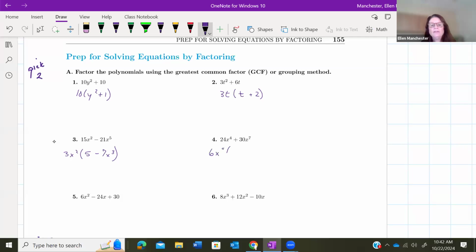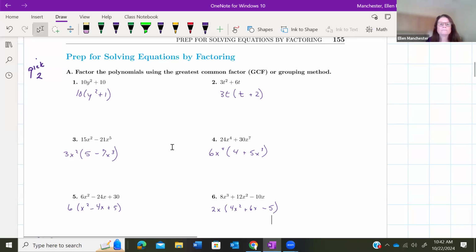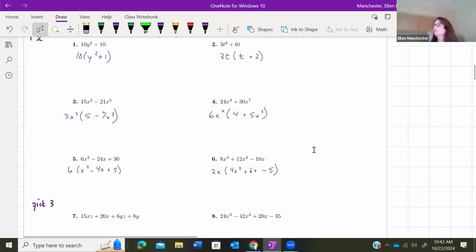So remember, it's the highest of the numbers that goes into both and the lowest exponent. So there's the first 6.